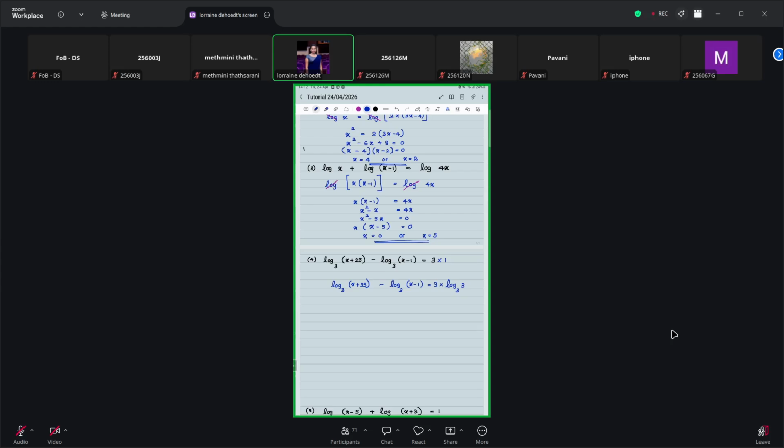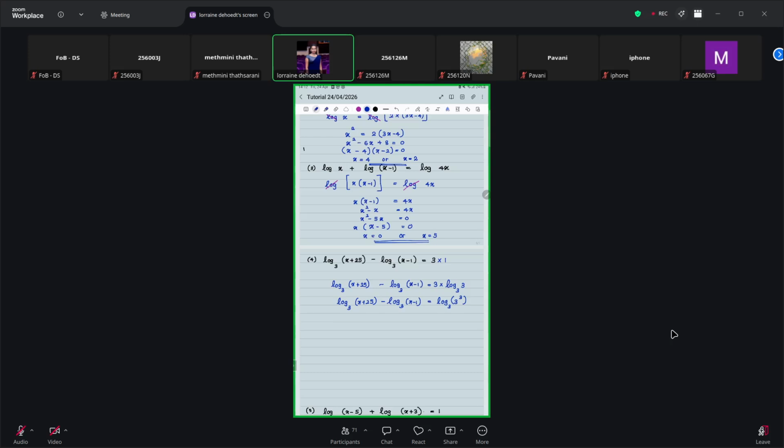That's the reason, because all other terms have base 3. Okay, now we can move the first log to the right hand side. So it can be rewritten like this: log base 3, 3 to the power 3. Then on the left hand side, log base 3 x plus 25 minus log base 3 x minus 1.